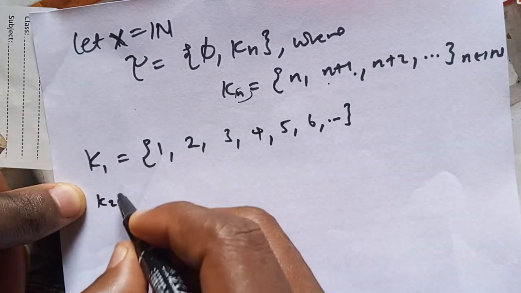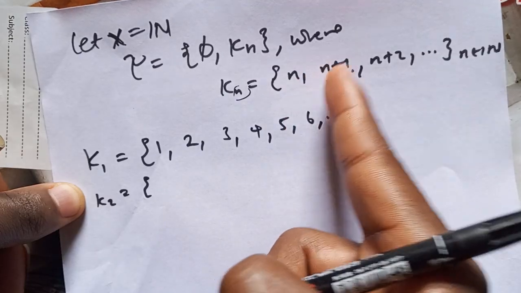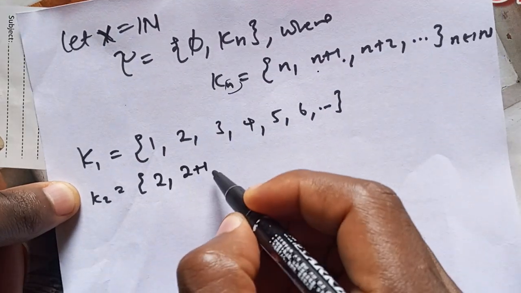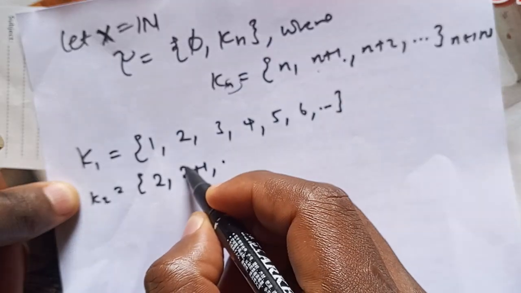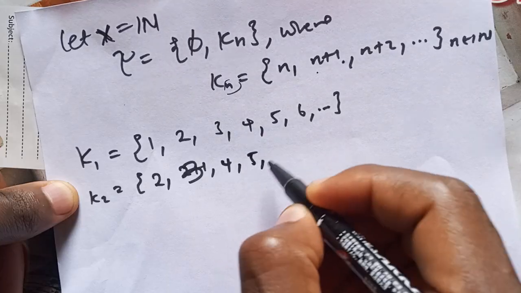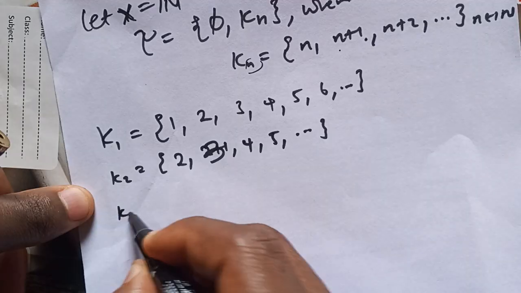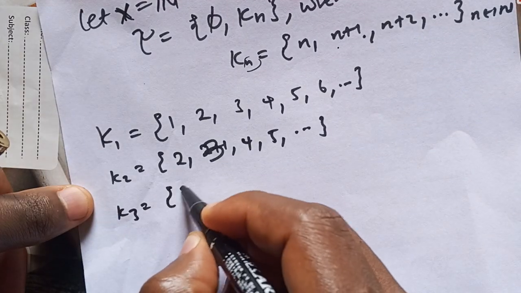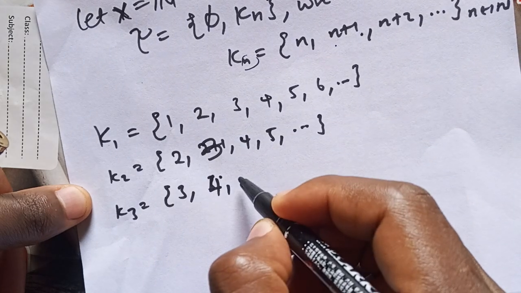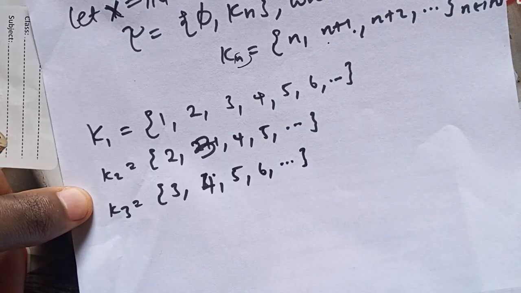If I do K_2, remember it is starting with n plus 1, so it's going to be 2 plus 1, which is 3, 3 plus 1, which is 4, 4 plus 1, which is 5, and so on. If I do K_3, this is going to be 3 plus 1, which is 4, 3 plus 2, which is 5, 6, and so on.